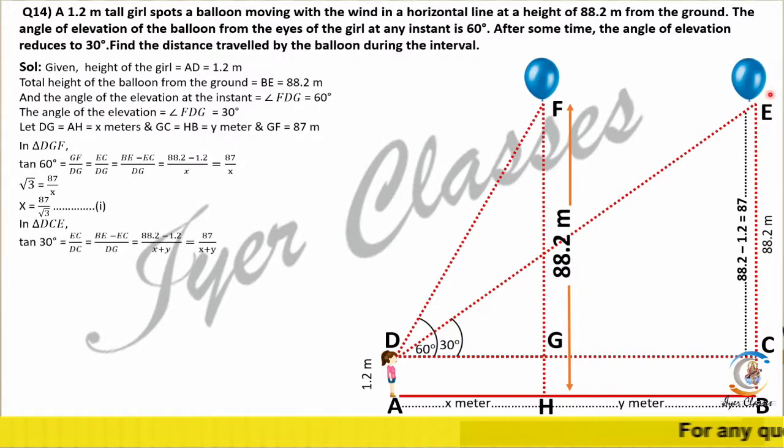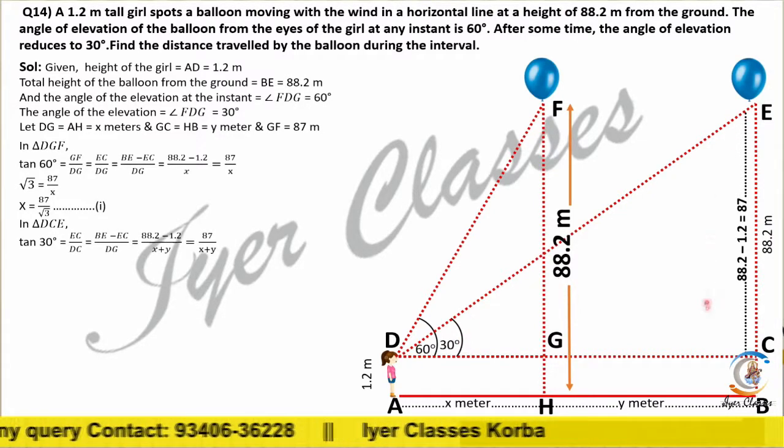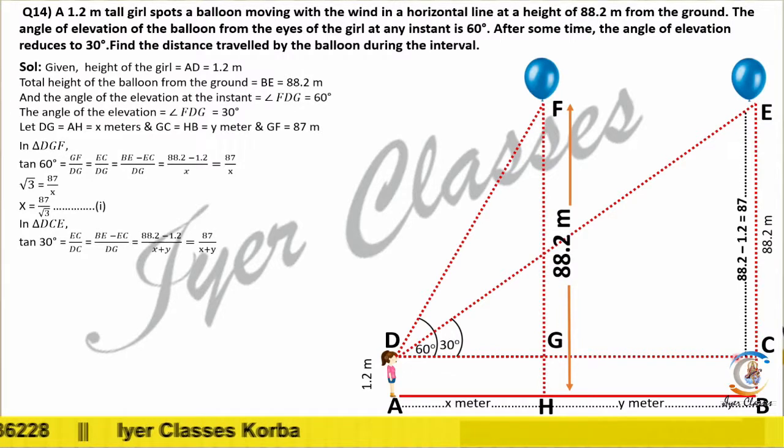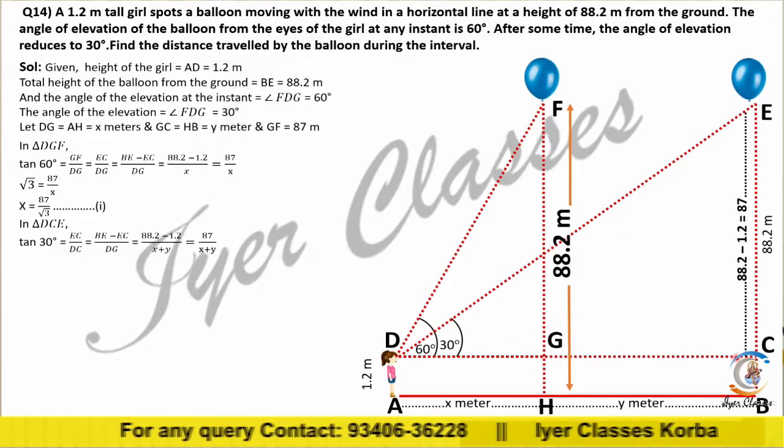Now here you can see the angle of elevation is equal to 30 degrees, and tan 30, as you know, is equal to perpendicular by base. So the perpendicular here will be equal to EC and the base is DC. Now what is this DC equal to?